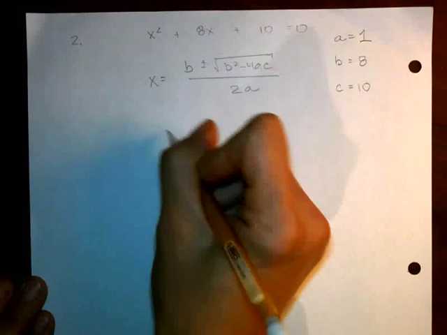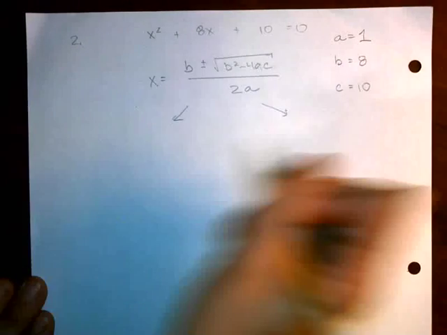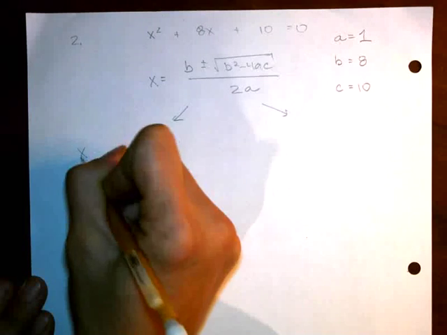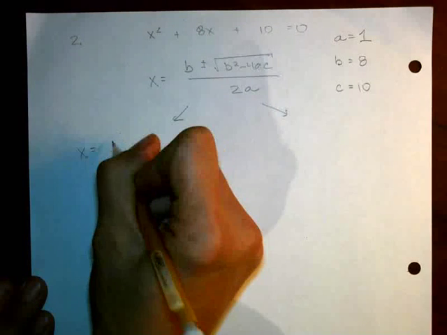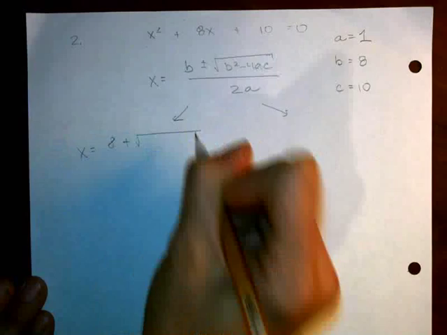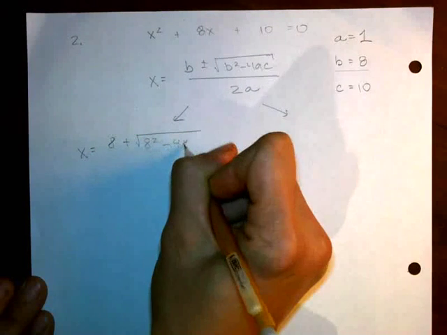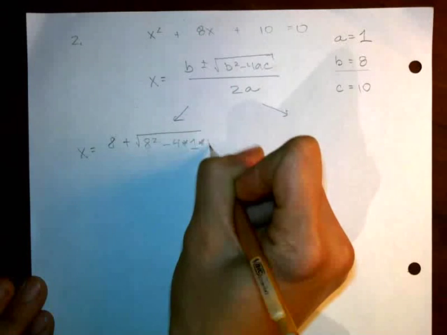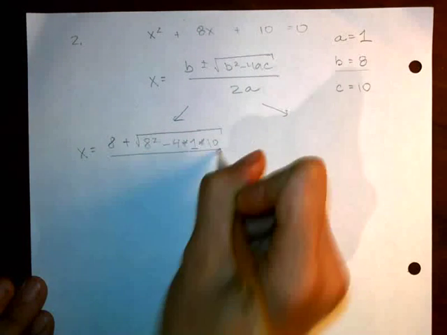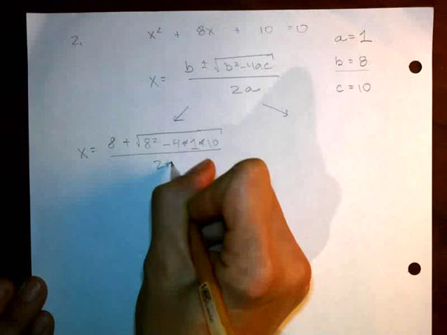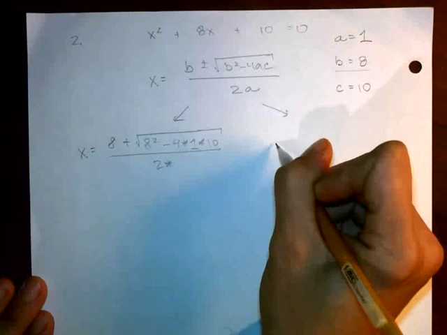So if I plug in A, B, and C, I have a positive root and a negative root. My positive root is X is 8 plus the square root of 8 squared minus 4 times 1 times 10, all of that divided by 2 times 1.